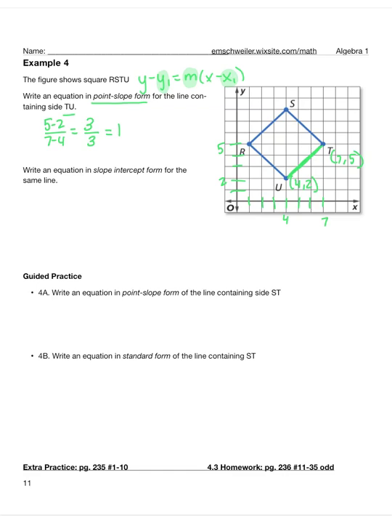We didn't need to do slope formula because we can count that it rises 1, runs 1. There's actually points in between. Rises 1, runs 1. And again. So you can choose to use the slope formula or just count rise and run on a graph. And now that we know that that's our slope, we can basically be done and write our equation in point-slope form.